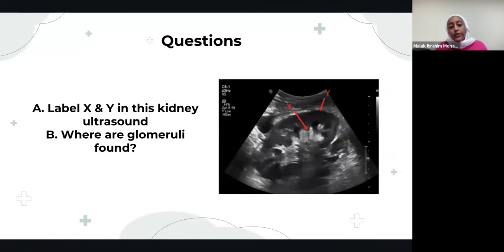Okay, now the kidney. They're asking what X is, what Y is, and where the glomeruli are found. Try now to link the anatomy part. So what's X and what's Y?